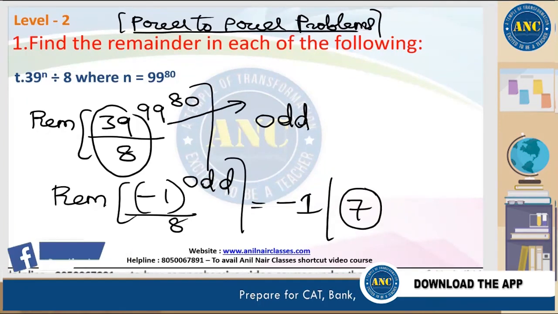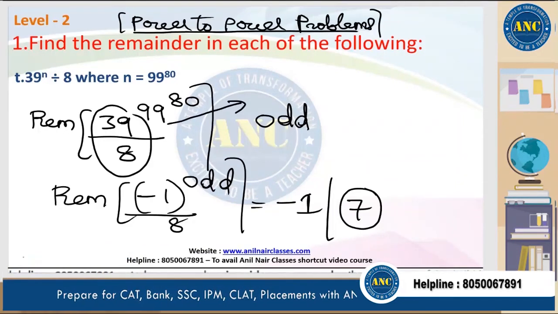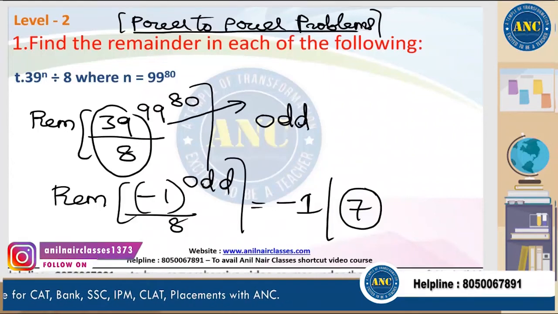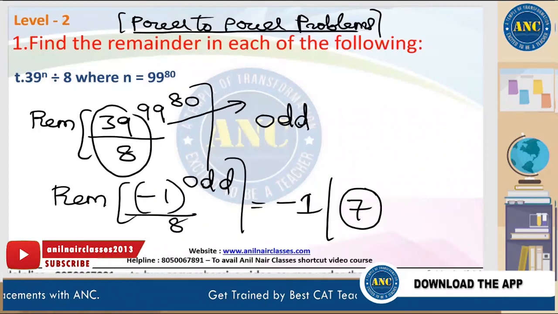8 5s are 40. 40 is minus 1. Minus 1 power odd is minus 1. Negative remainder minus 1, positive remainder will be 7.